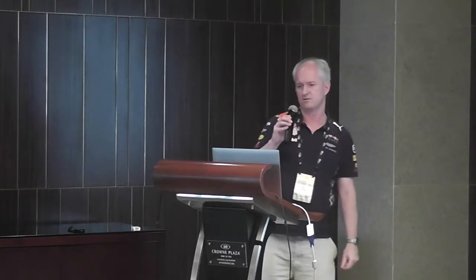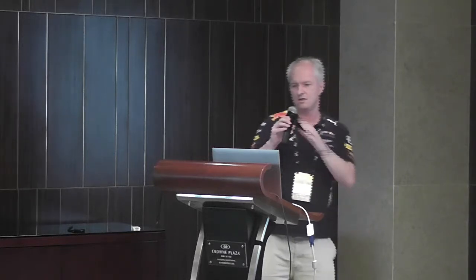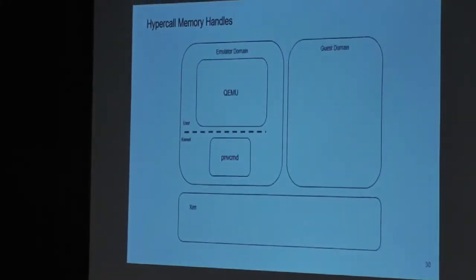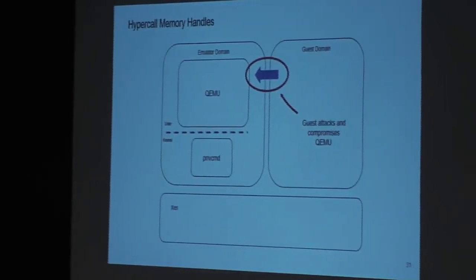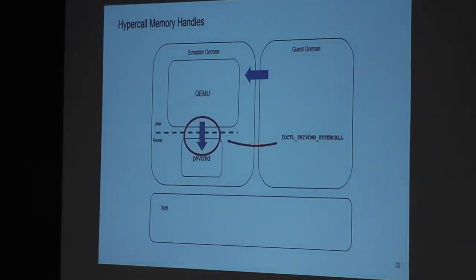So memory handles are the first one. The hypercalls that QEMU makes are typically issued by the privcommand driver, which is the kernel driver in Linux. And we'll assume that QEMU has already been compromised.